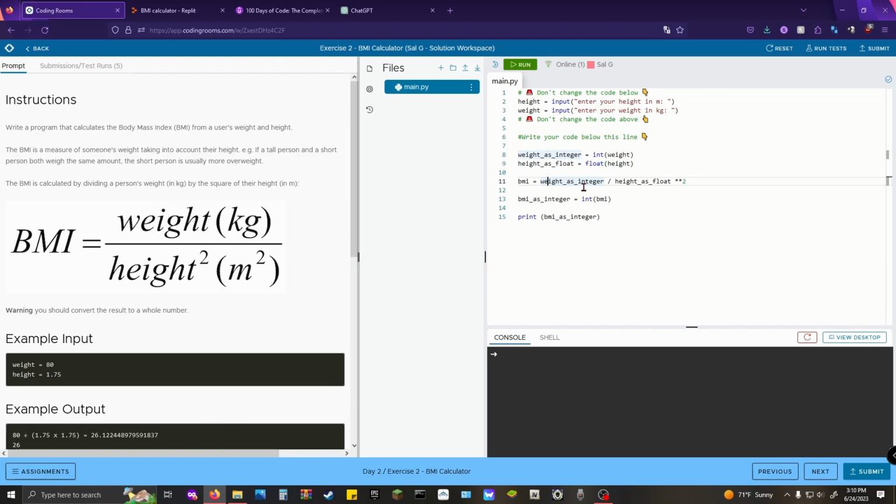Remember, the whole idea is that we're referring to one thing over another. So we're establishing a new variable. Said new variable is referring to a previously established variable divided by another previously established variable, with the brackets here indicating the power of 2.